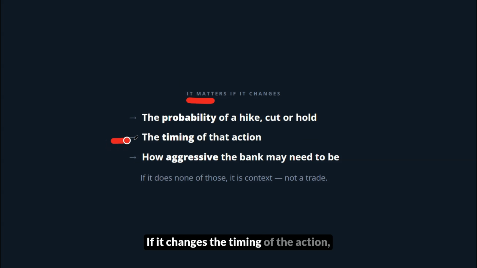If it changes the timing of the action, maybe the central bank was expected to hike in 2 meetings' time, but now the data is forcing them to potentially hike at the very next meeting, well, that data is going to matter. Maybe it changes how aggressive the central bank may need to be. Maybe they're looking at 25 basis points and now the data may force them to move by 50 basis points. Well, then the data is going to matter.